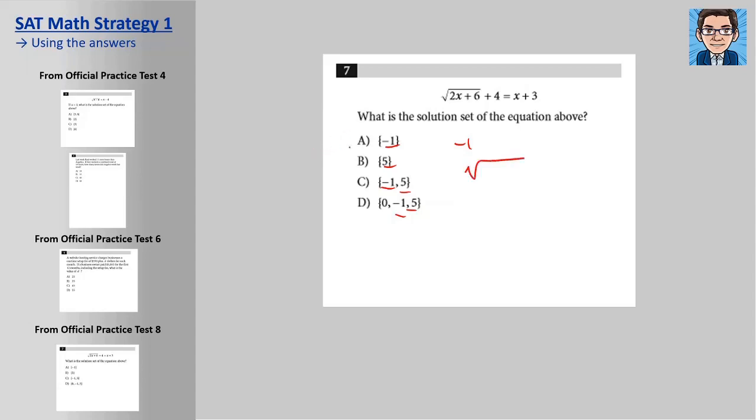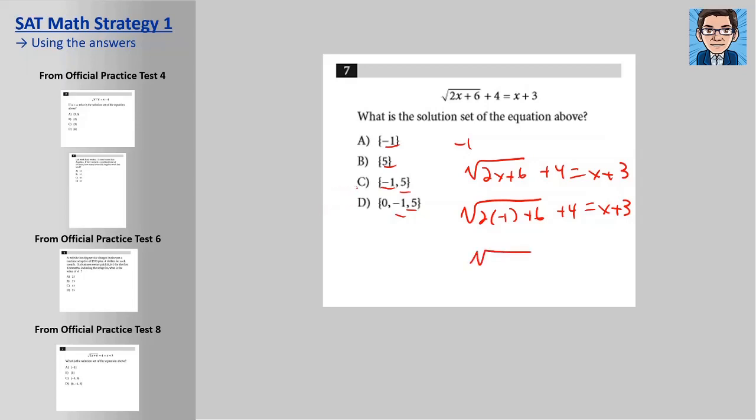So the square root of 2x plus 6 plus 4 equals x plus 3. And we're putting in -1, so the square root of 2 times -1 plus 6 plus 4 equals -1 plus 3. Now I'm writing these all out, but some of them you might be able to actually do in your head. Put them in and do it in your head and see if it's right or not, but I'm just working it out here for you.